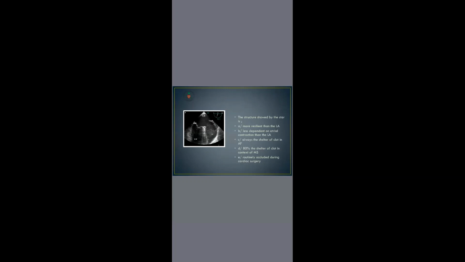When we come to MS, if a patient is having MS alone or MS with AF, now the percentages are going to change even more in favor of thrombus formation in the LA cavity, because the MS will disturb the entire LA cavity, not only the LA appendage. So in MS, it is 60% in the LA appendage and 40% can be found in the LA cavity.